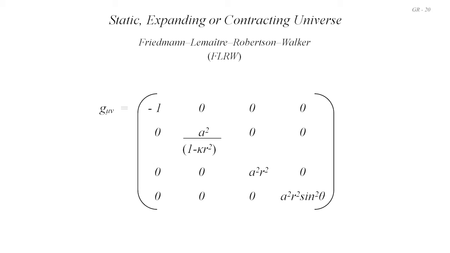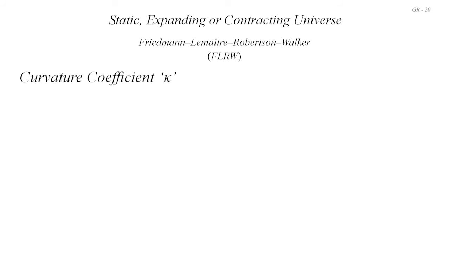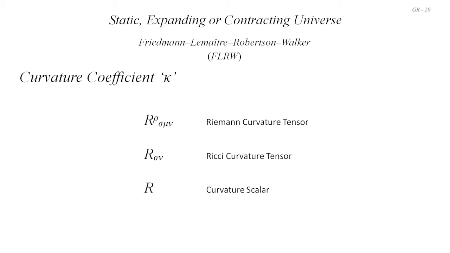Unlike the A coefficient, which expanded all of space and needed therefore to be multiplying all three spatial dimensions, this kappa need only distort, if I can use that word, the radial dimension in this particular set of spherically symmetric coordinates. It's important to realize, however, that this kappa is a different kind of measure of curvature than the Riemann, Ricci, or scalar curvatures for space-time.